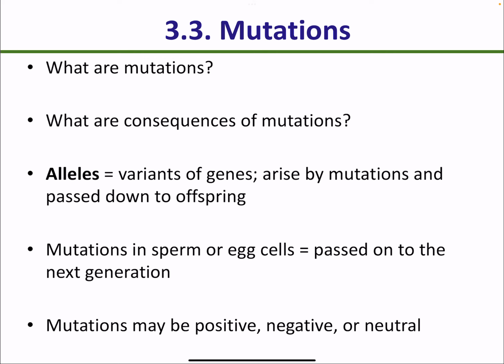A mutation is basically a permanent change that occurs in the sequence of DNA. Whenever a change occurs, this is going to cause a gene to exist in multiple variants in a population, right?